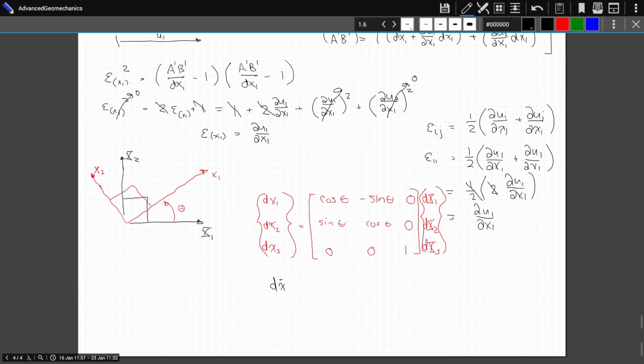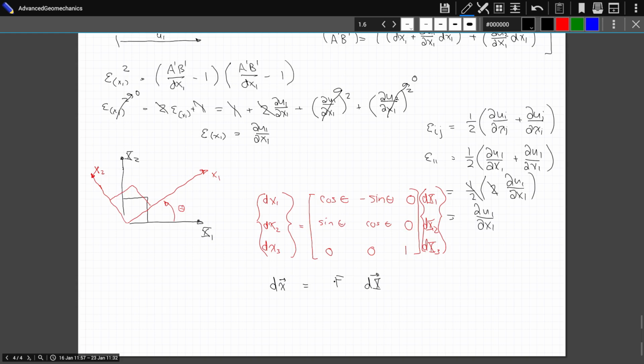So d little x equals something times d big X, right? Well, what does this equation look like? This is like our deformation gradient, right? What I say in words, the deformation gradient takes vectors in the reference configuration and changes them into vectors in the deformed configuration. Now in this case, those vectors are pure rotation. There's no elongation, right?